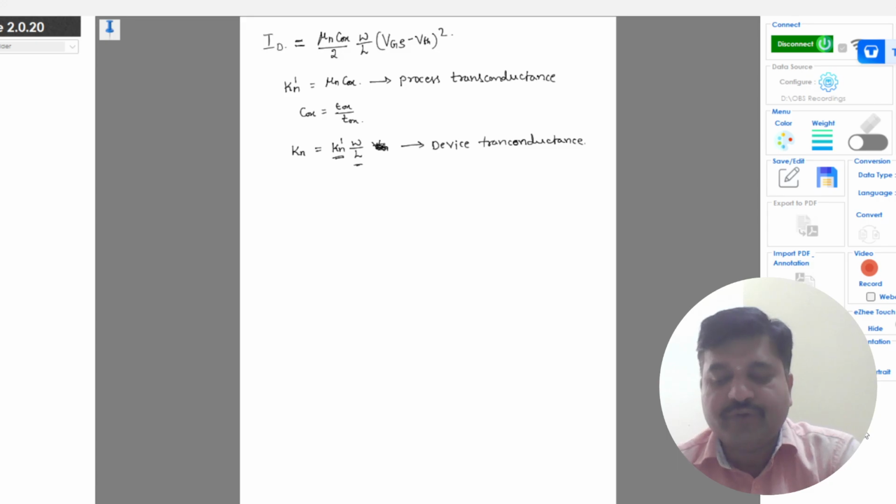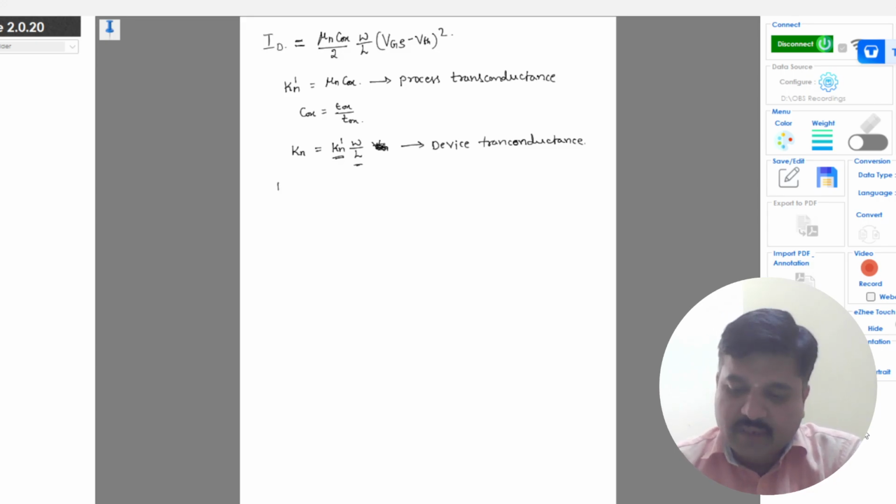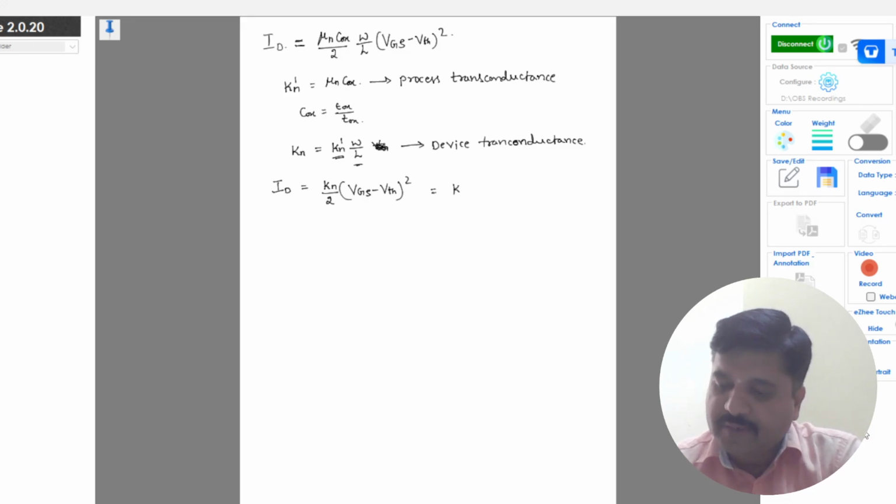We are going to define our own W by L according to the device, hence it is called the device transconductance. So here the ID equation happens to be Kn by 2 into (VGS minus VTH) whole square, or basically Kn by 2 into VOV square, right?